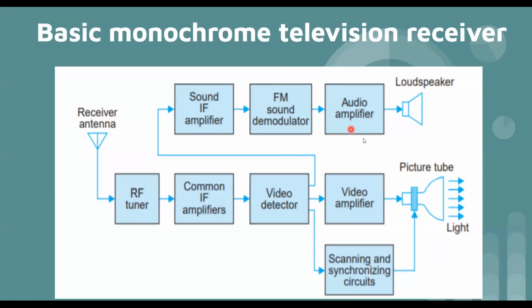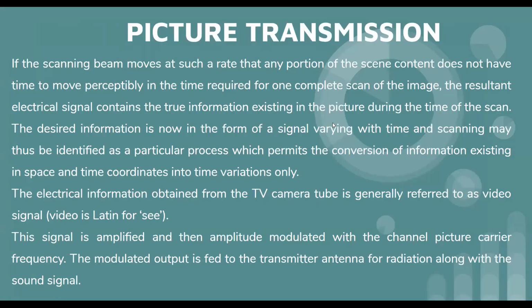So this is the audio amplifier before feeding it to the loudspeaker. So from the loudspeaker you are able to listen with huge clarity, very good sound with our picture. So that is sound transmission, sound reception.